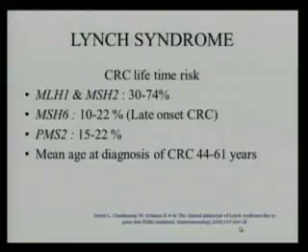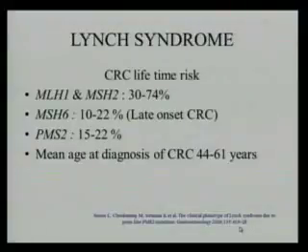What is the colorectal cancer lifetime risk in those patients? With MLH1 and MSH2, 30 to 74%. You can see here a wide range. MSH6, 10 to 20%. With MSH6, it tends to have a later onset of colorectal cancer compared to MLH1 and MSH2.